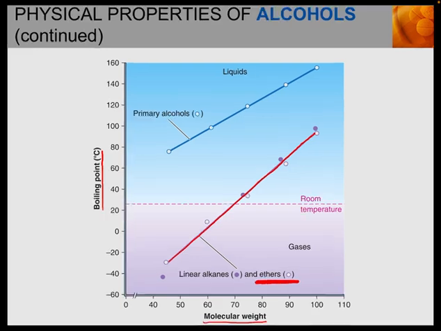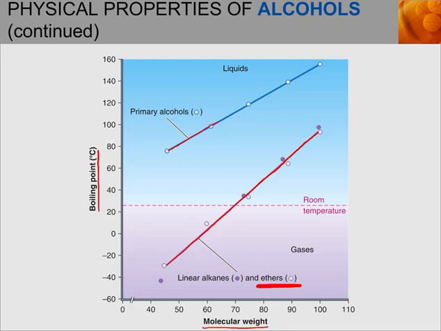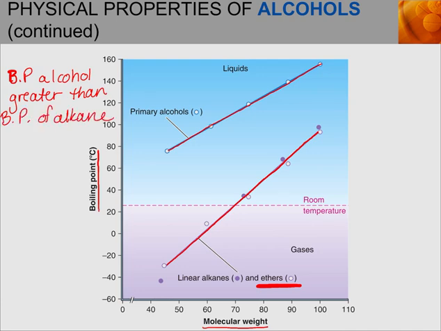Now, way up above that are alcohols. So the boiling points for alcohols are much higher than the boiling points for alkanes. So let's just write that down. So the boiling point of an alcohol is greater than the boiling point of an alkane. And that's due to hydrogen bonding.